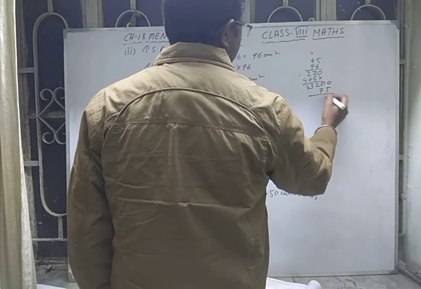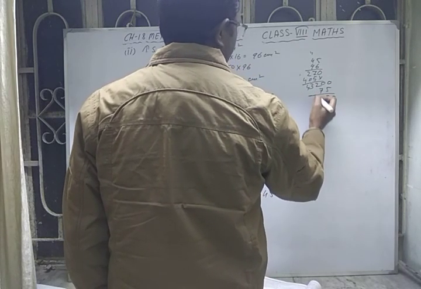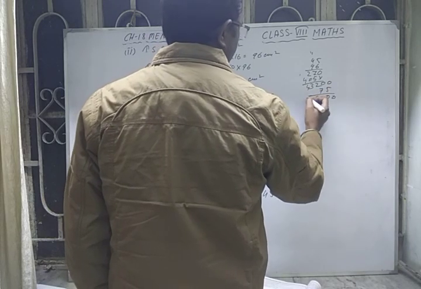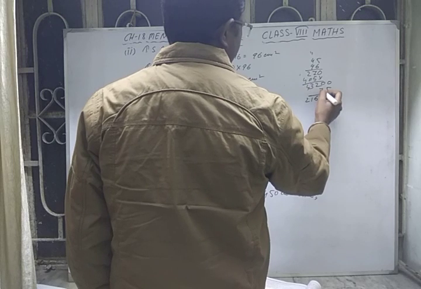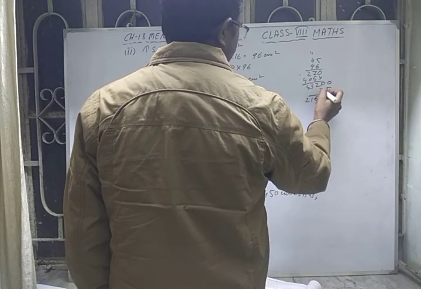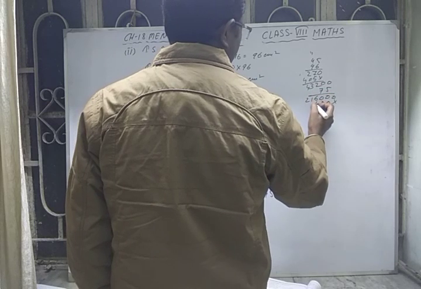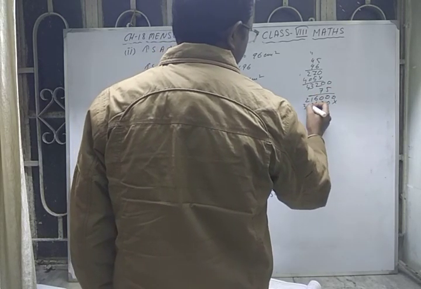So 5 2s are 10, 0, carry 1, 5 3s are 15 plus 1, 16, carry 1, 5 4s are 20 plus 1, 21. Then 7 2s are 14, 4, carry over 1, 7 3s are 21 and 1 is 22, carry 2, 7 4s are 28 and 2 is 30.